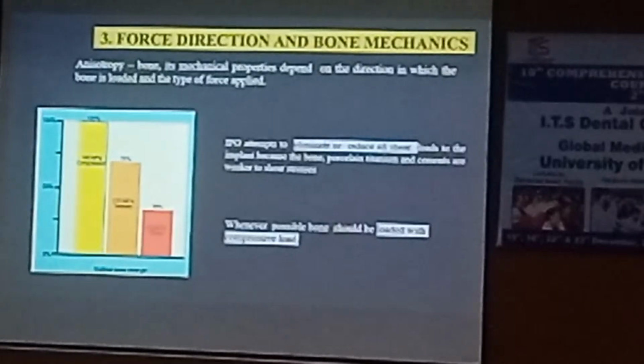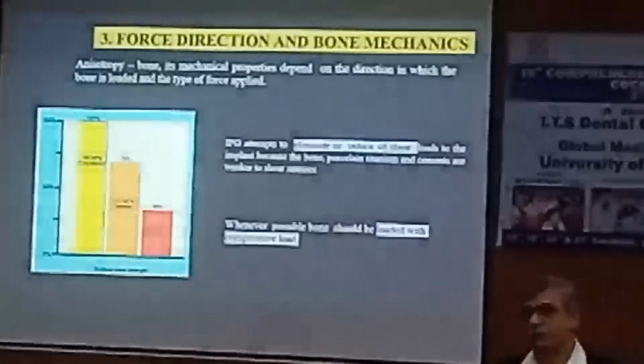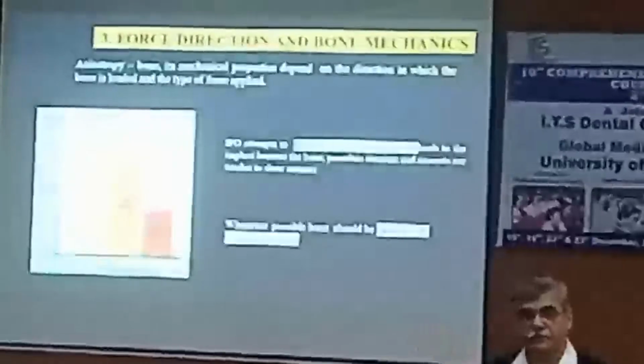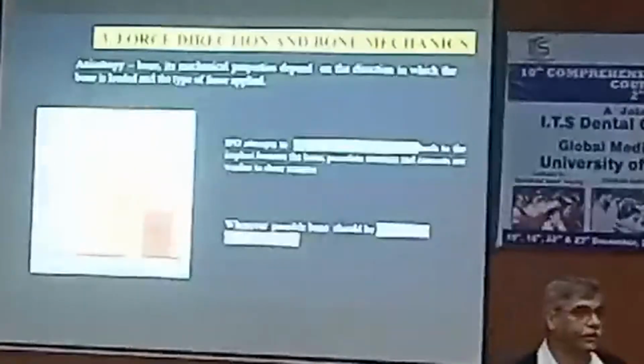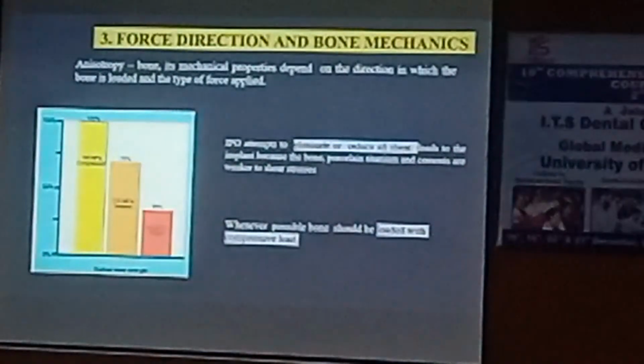And the classical example is, you all have seen IOPAs or X-rays, you see the trabeculae. What does trabeculae mean? All of you have seen trabeculae? Yes, it is a pattern. So why did the pattern come? Anybody?